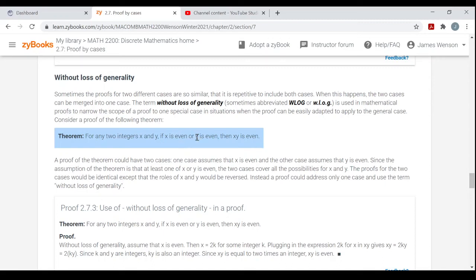This or that. If I go through a case where x is even, I'd have x equals, say, 2k, and let me actually write this out. I'll write it out and show you why we could use the term without loss of generality for a proof like this.